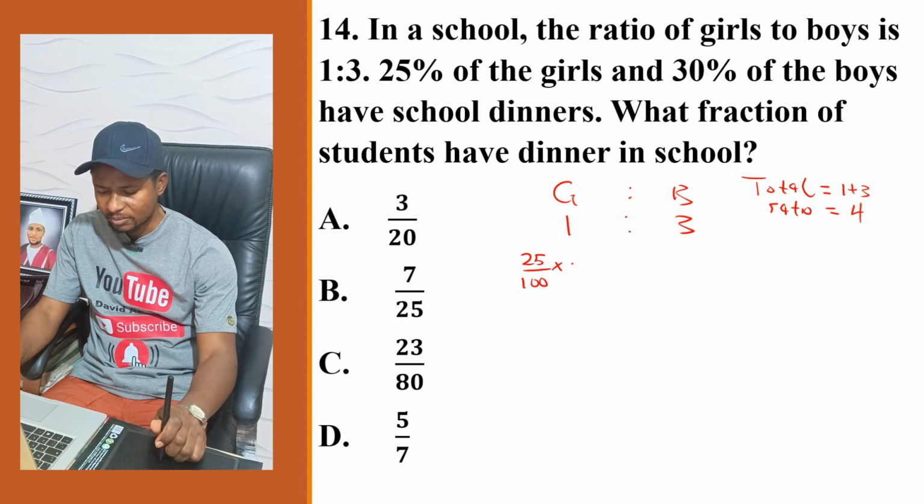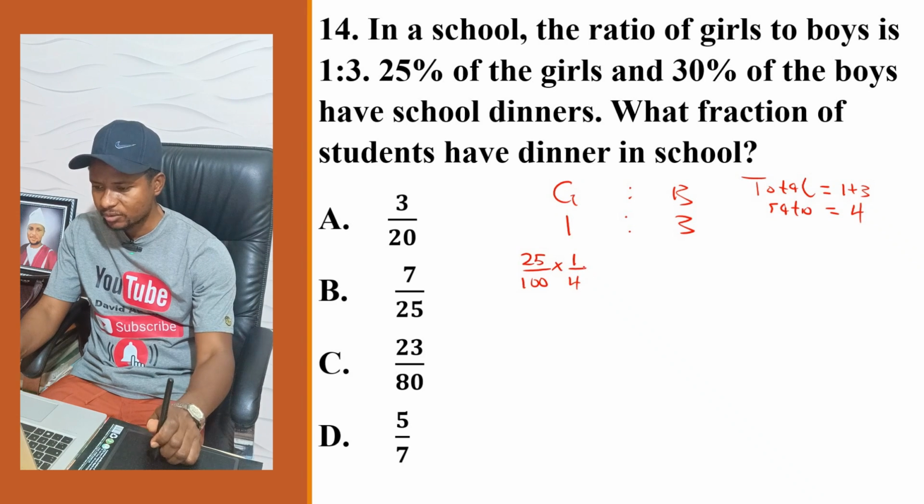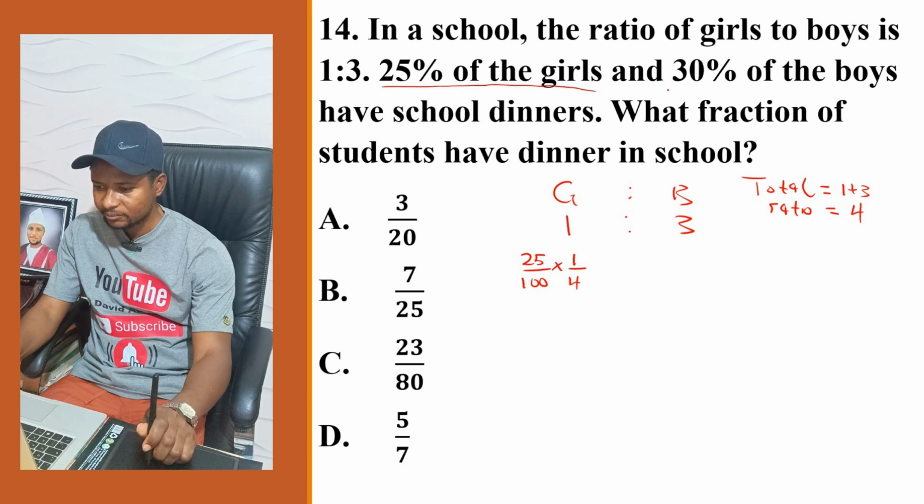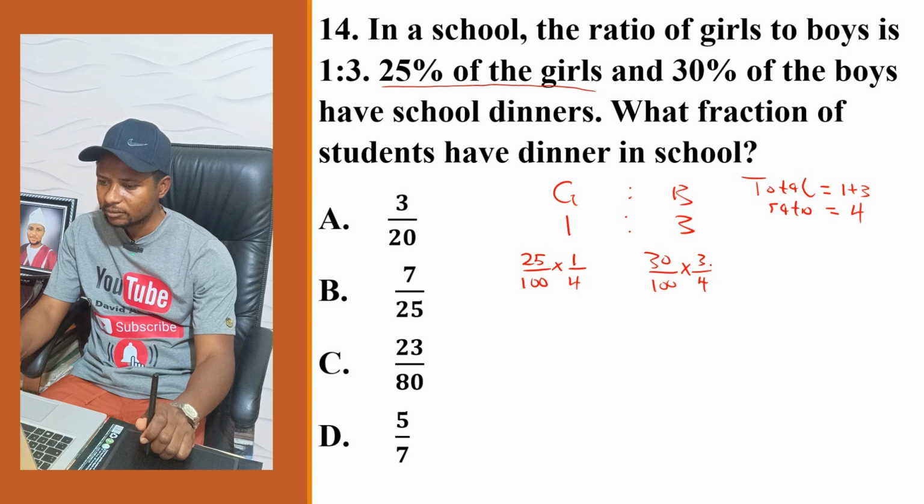The number of girls will be the ratio over total ratio. This time around, we don't have the total number, so we just use 1. If 25% of the girls, which I've done, and 30% of the boys will be 3 out of the total ratio 4.